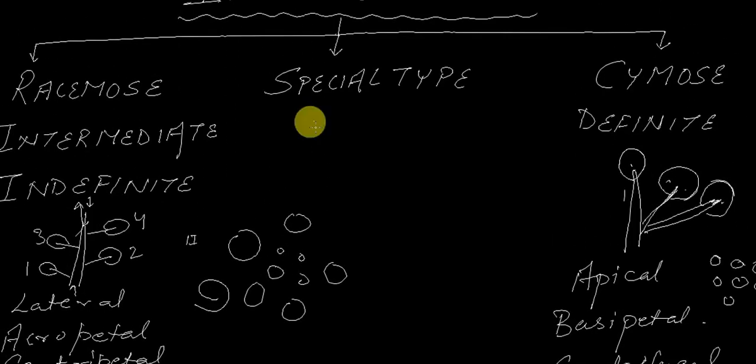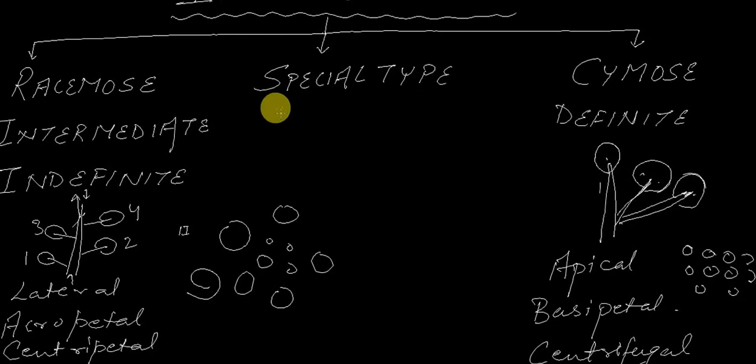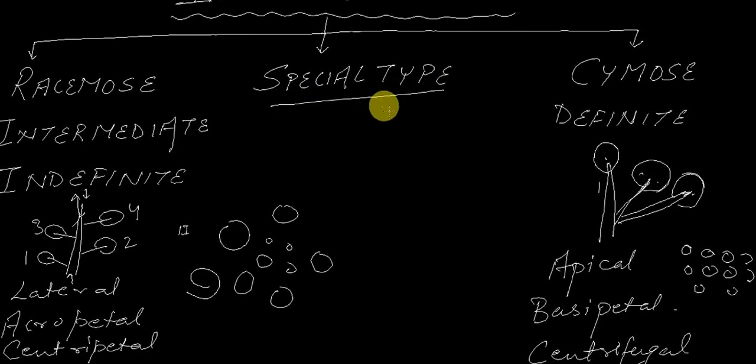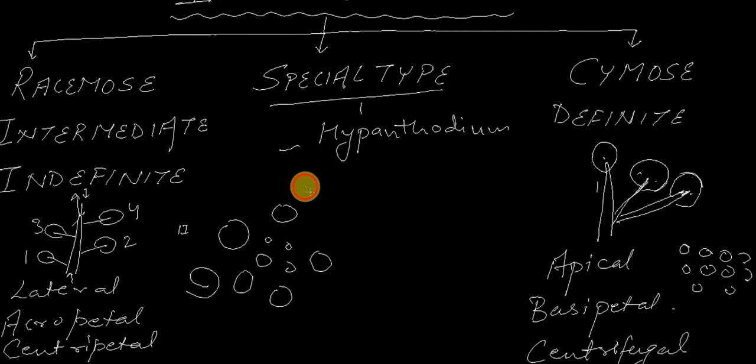Then coming over to the special types of inflorescence. When you talk about special types of inflorescence, there are different types under it. There would be hypanthodium. Each one of them varies, so we will discuss this in the regular chapters, when we do this chapter on a regular basis.